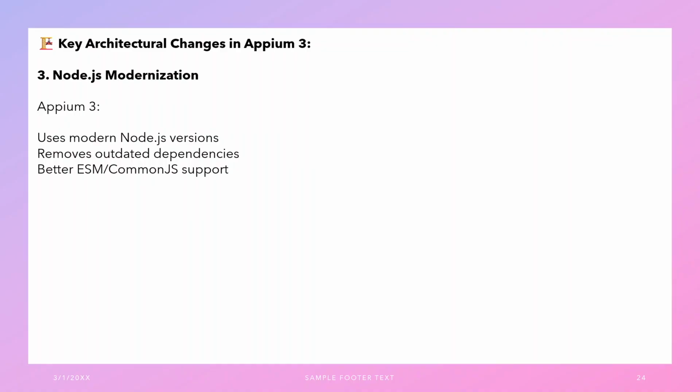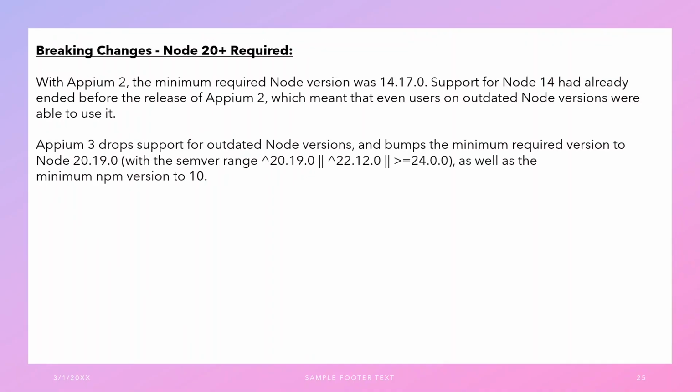See, when we were working with APM2, the minimum required Node version was 14.17.0. Support for Node 14 had already ended before the release of APM2, which meant that even users of outdated Node versions were able to use it.